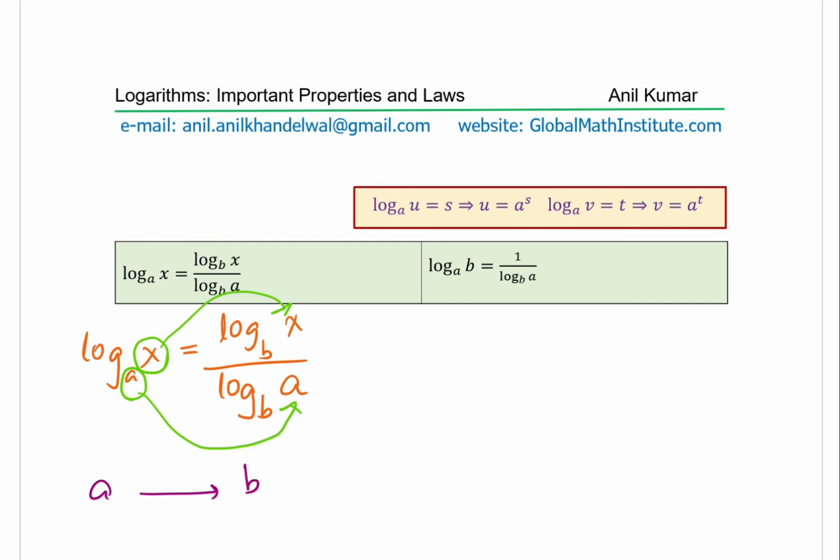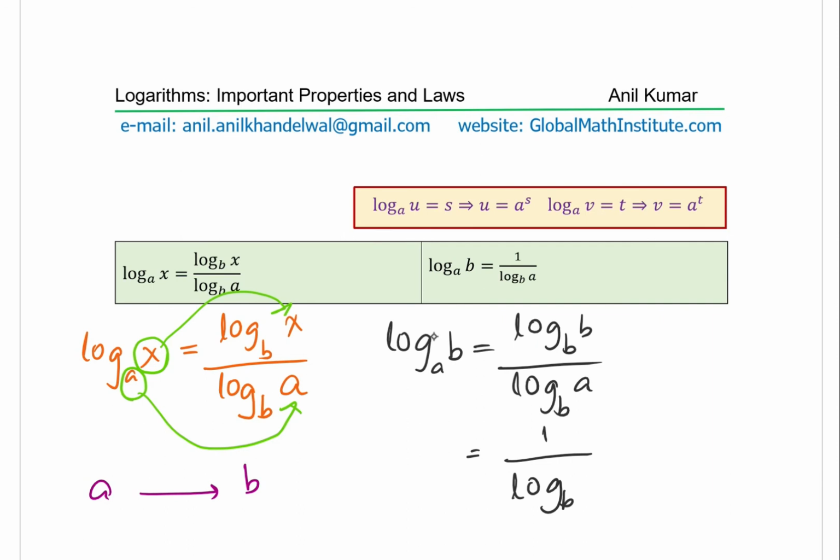Perfect. Now let's look into the question and see how to do it. If I have log to the base a of b and I want to change this base to b, I'll write this as log to the base b of b over log to the base b of a. And what is the numerator part? It is just 1, right? So we get 1 over log to the base b of a, since we know that log to the base b of b is 1.